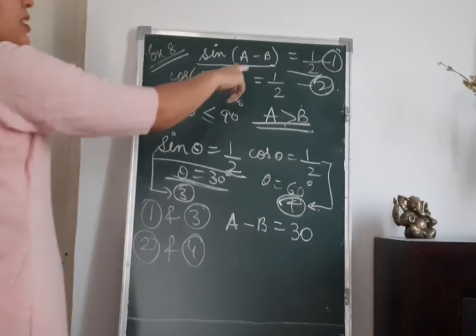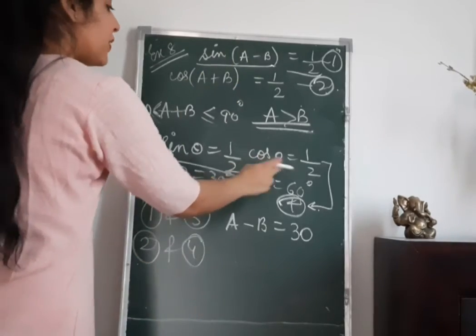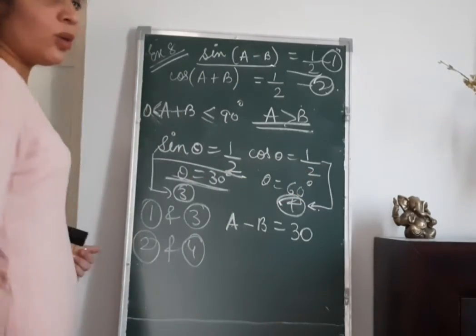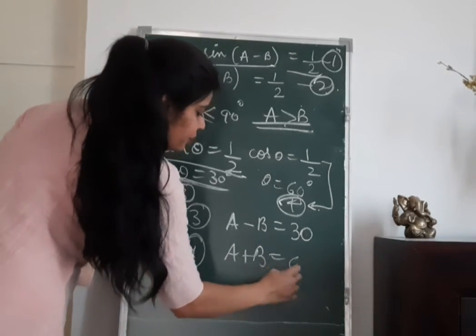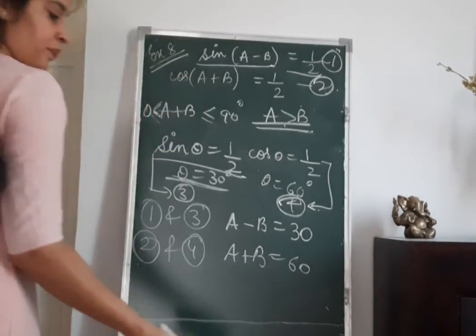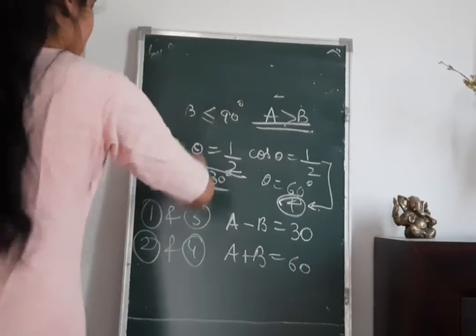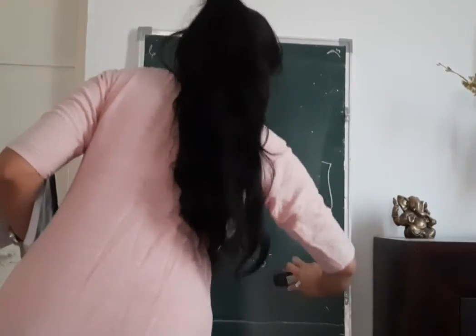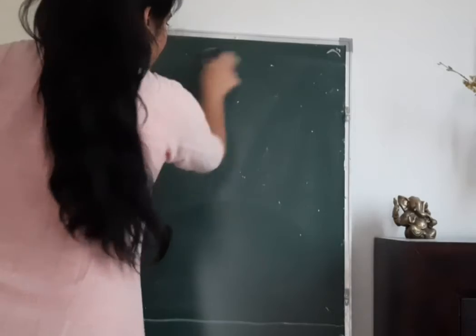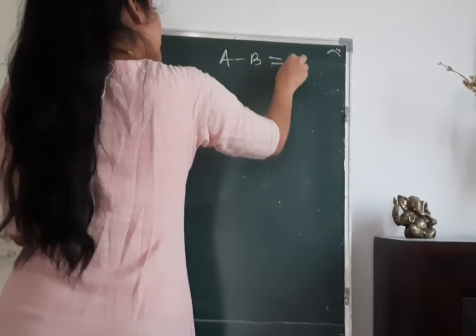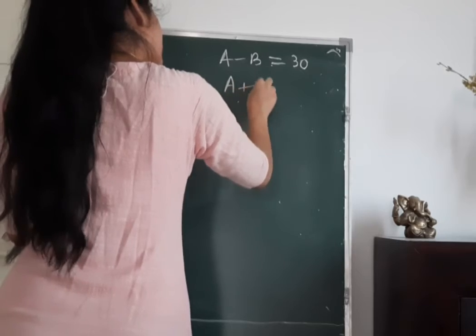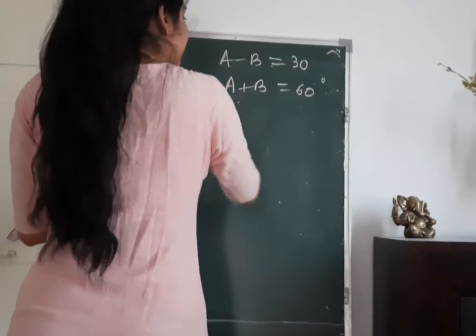And using equation 2 and 4, cos of angle A plus B is equal to half, and cos theta is equal to half when theta is equal to 60 degree, so A plus B is equal to 60, right? A minus B is equal to 30 and A plus B is equal to 60 degree.